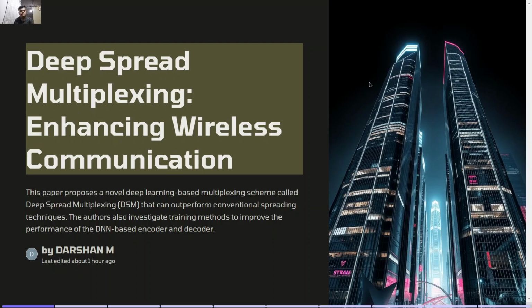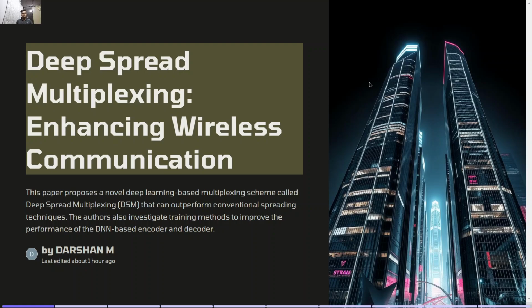Deep spread multiplexing is a communication technique that combines aspects of spread spectrum and multiplexing to improve signal efficiency and robustness in communication systems. It involves spreading the signals across a wide frequency band while also using multiple data channels or signals simultaneously.